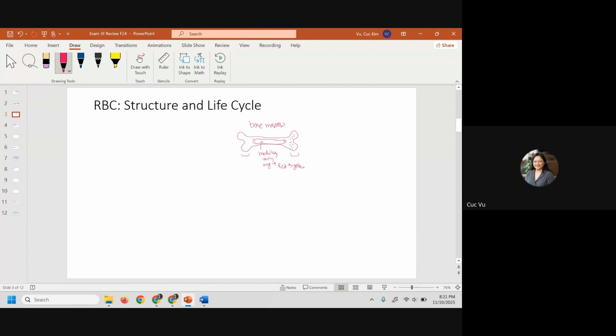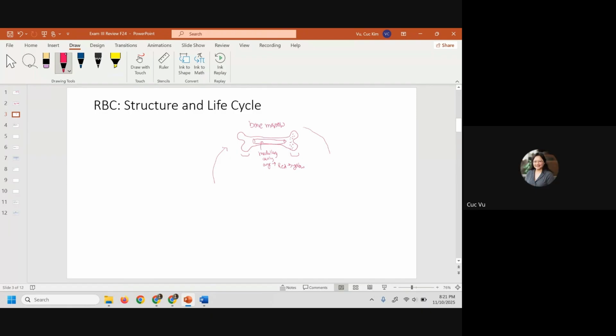That's amazing. So what stimulates the bone marrow to produce red blood cells? Heme? No. Would it be the hemoglobin?